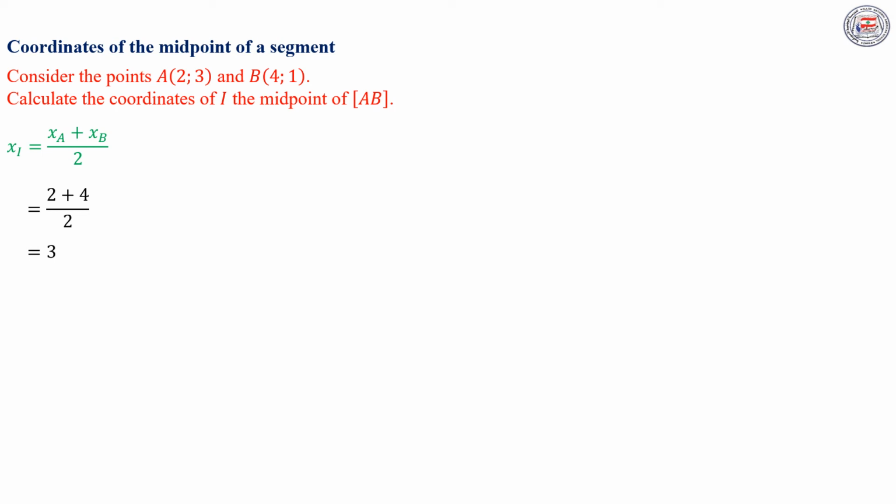We still have to calculate y of I. y of I is equal to y of A plus y of B over 2, and this is a formula. y of A in this case is 3, and y of B is 1. Then y of I is equal to (3 + 1) over 2, equal to 2. Then the coordinates of I are (3, 2).